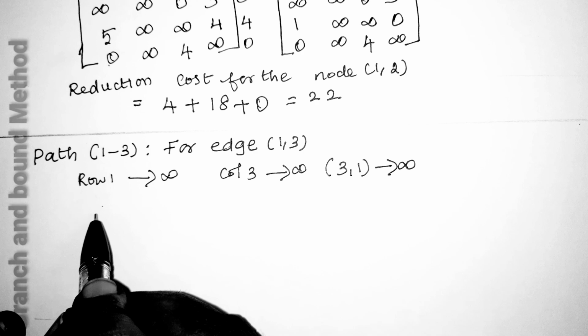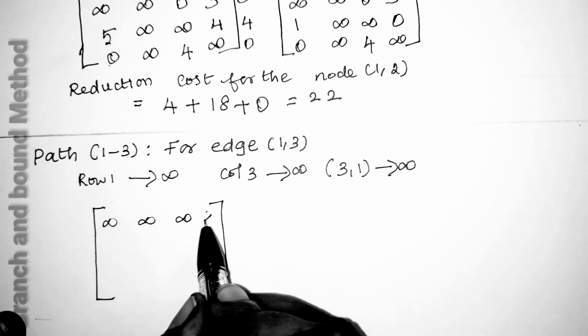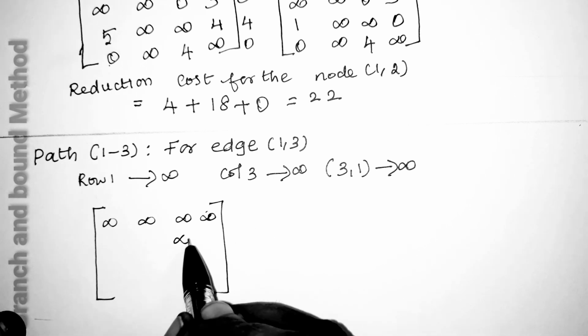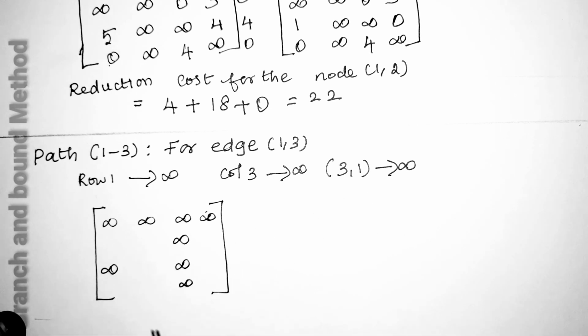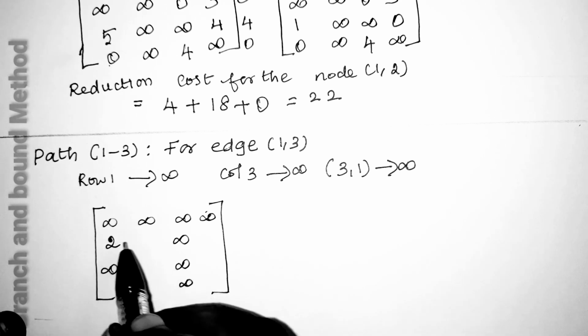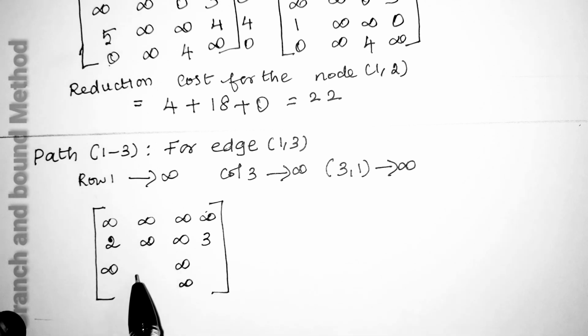The reduced matrix has first row infinity, third column infinity, and 3, 1 infinity. And you write the remaining as it is. That is 2, infinity, 3, third row: infinity, 0, infinity, 4, the fourth row: 0, 3, infinity, infinity.